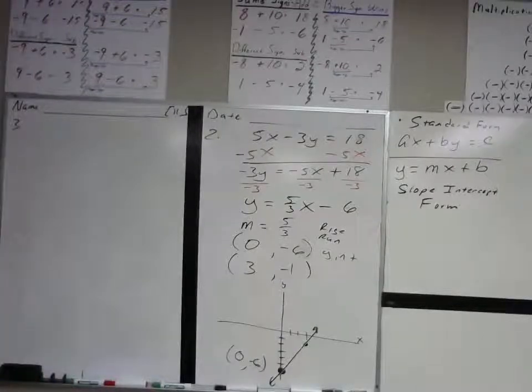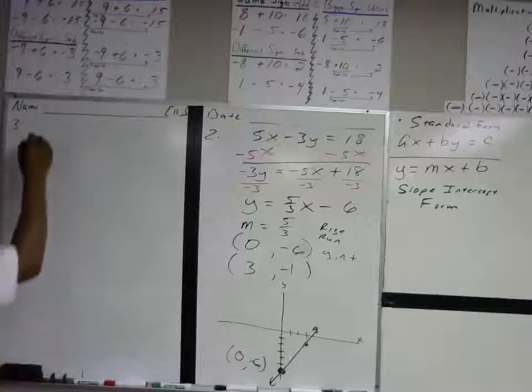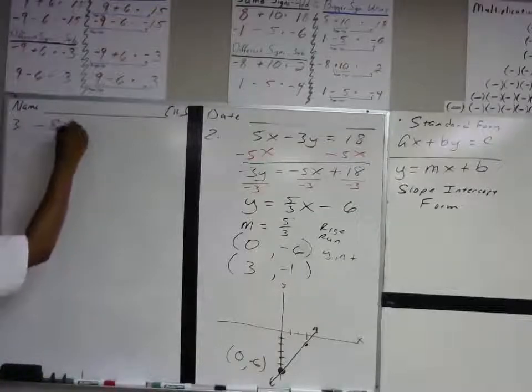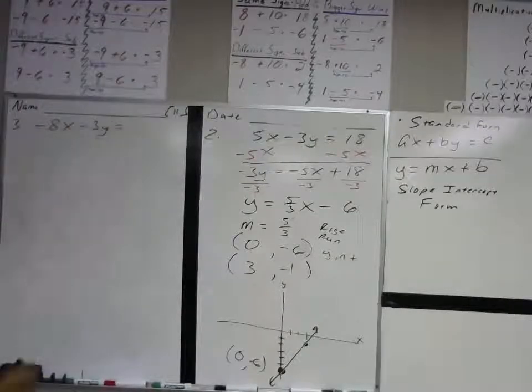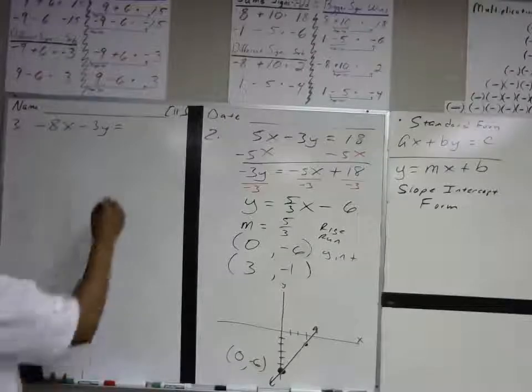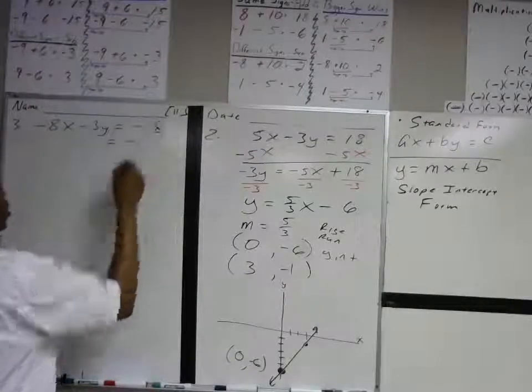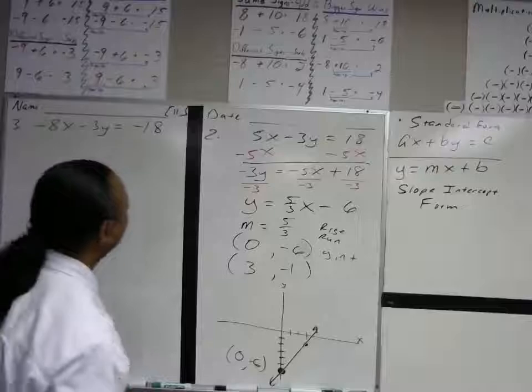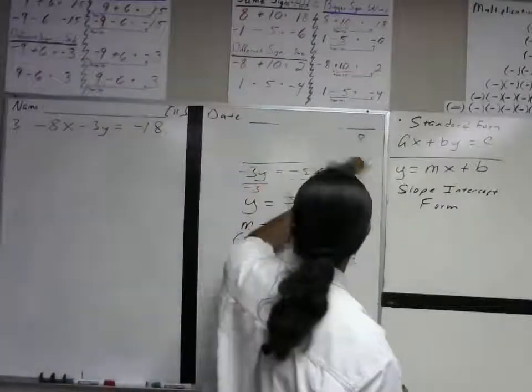Okay, problem number 3, which is negative 8x minus 3y equals negative 18. There's a lot of negatives in it.